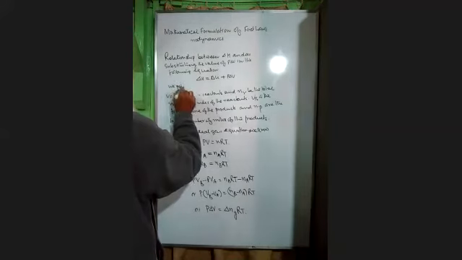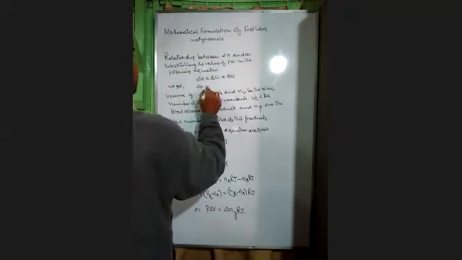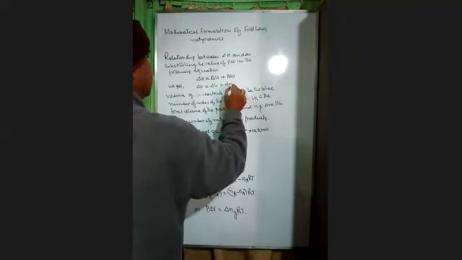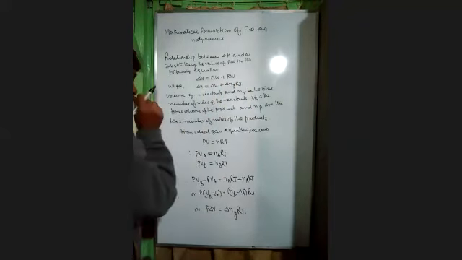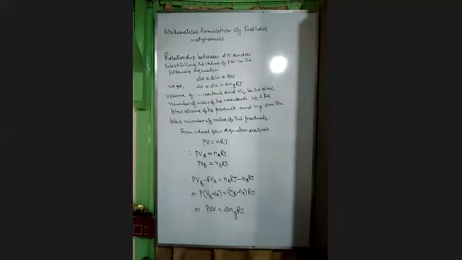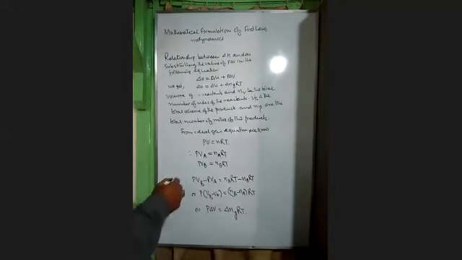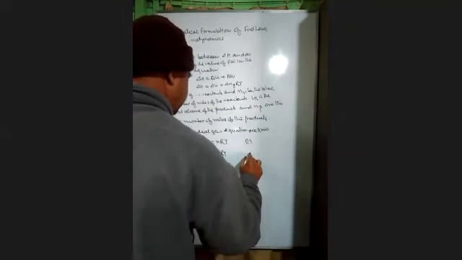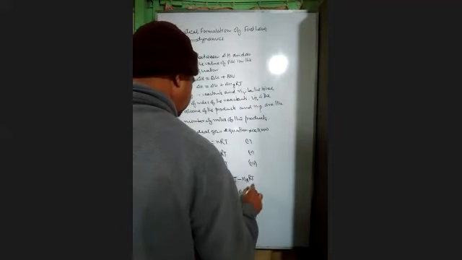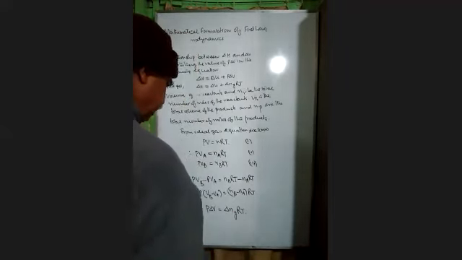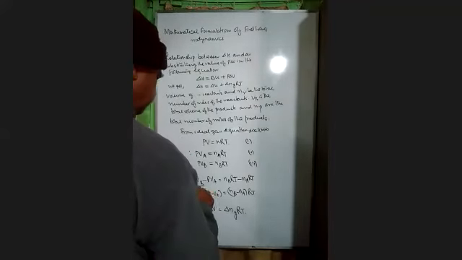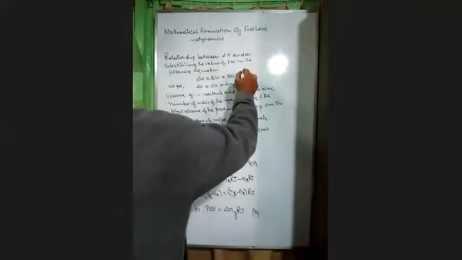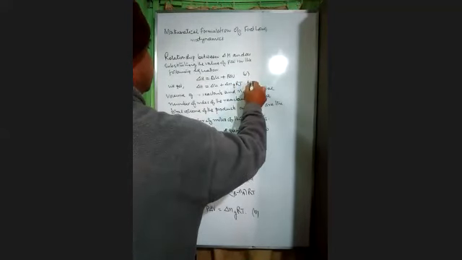We get delta H is equal to delta U plus delta n_g RT. It's a separate equation now, so I can number it.